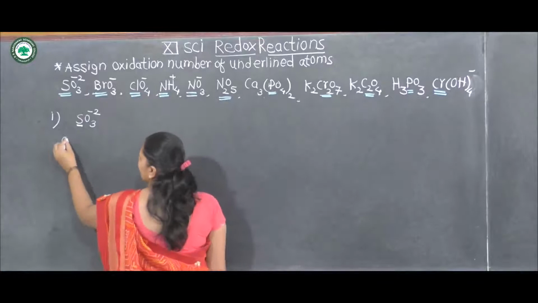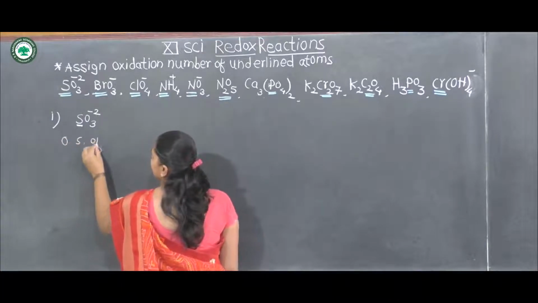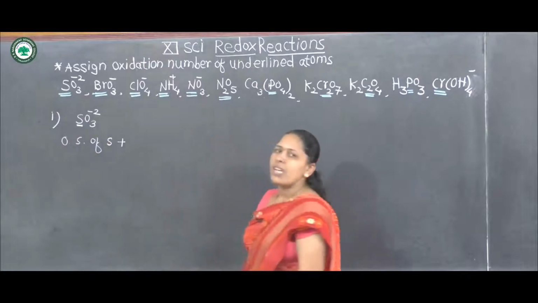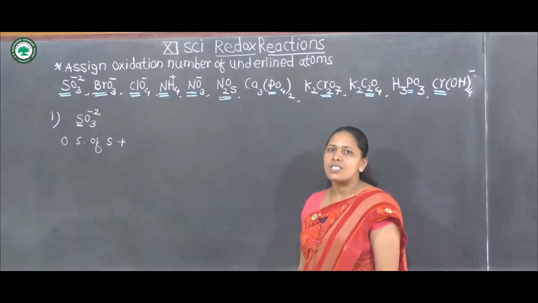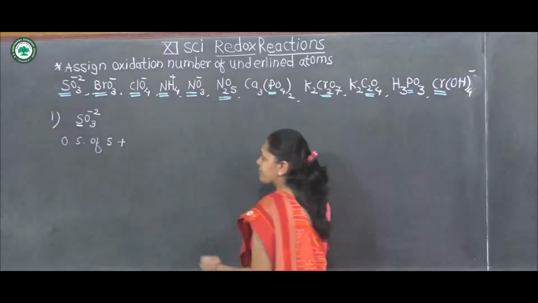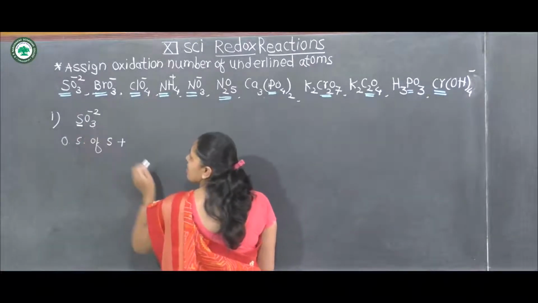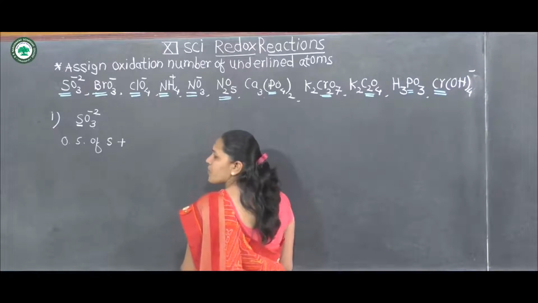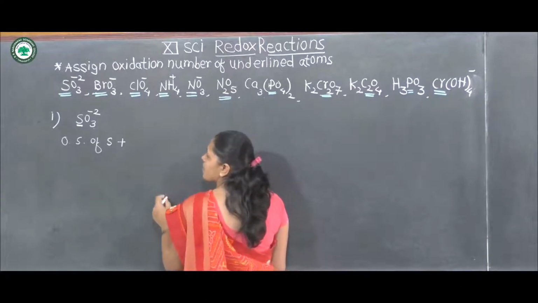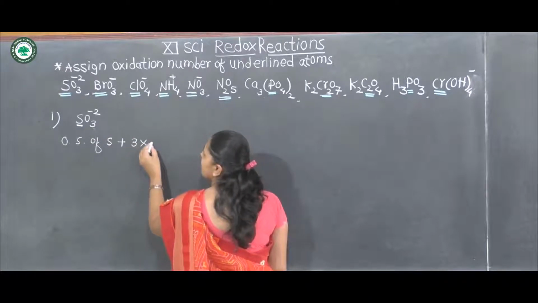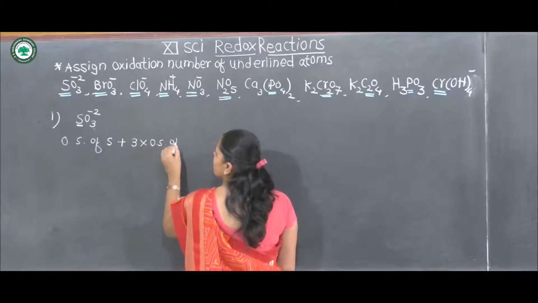Oxygen exhibits -2 oxidation state generally, except in peroxide where it shows -1. It is not peroxide, therefore oxygen shows -2. Here there are 3 atoms of oxygen, therefore 3 multiplied by the oxidation state of oxygen.